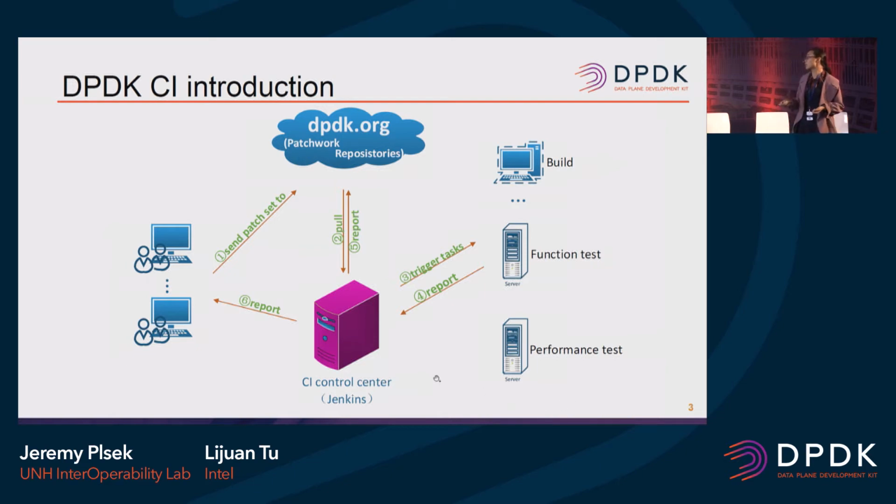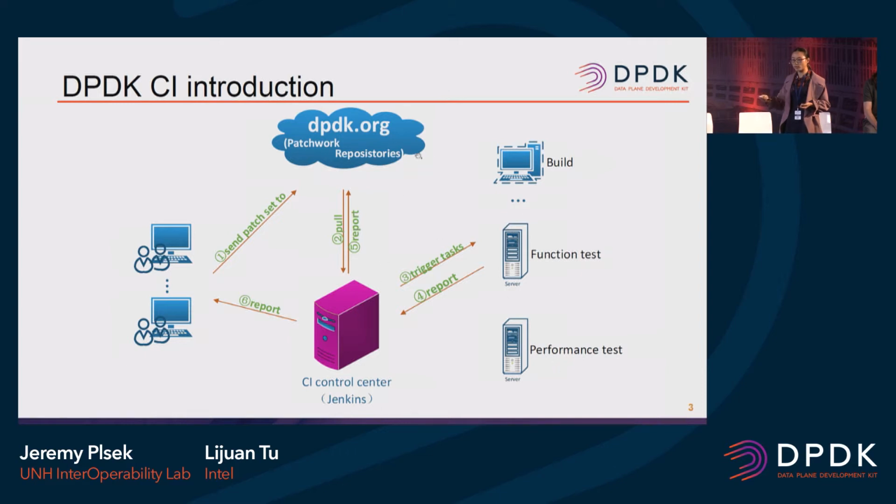Then I will show you an example of how the DPDK CI works. First, the developer sends out the patch set to DPDK.org. The control center will download the patch set and apply the patches to the master tree, and then dispatch the code to different test beds.